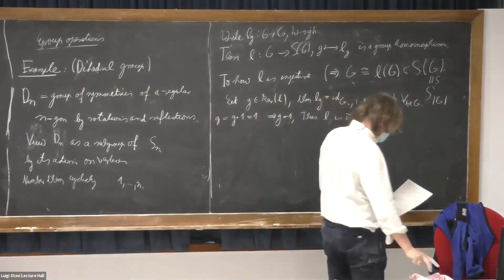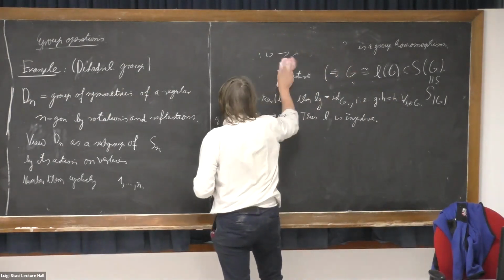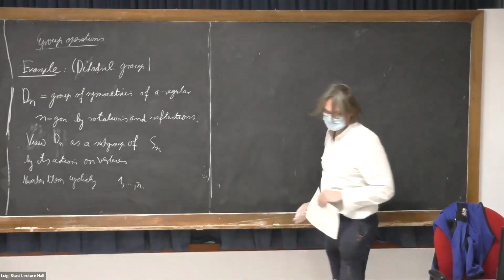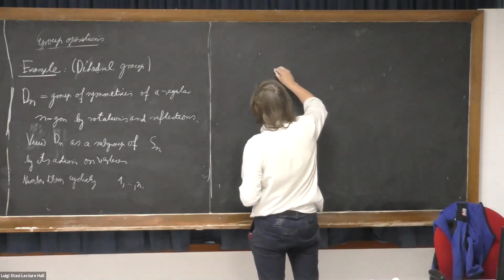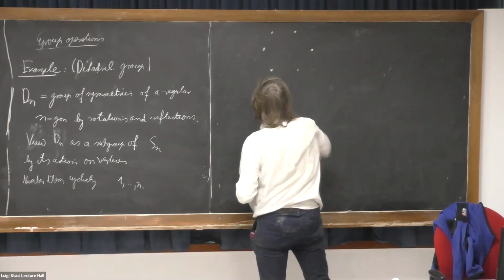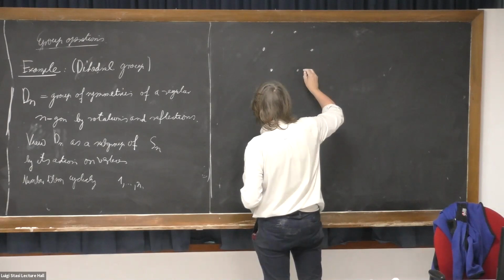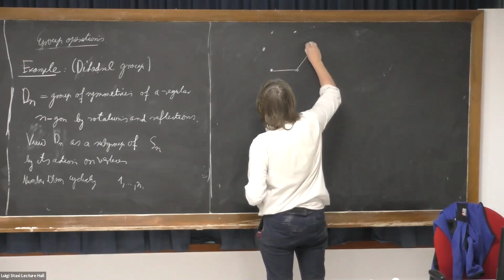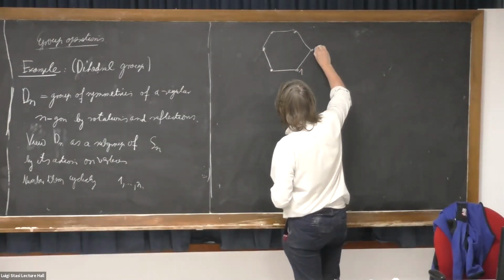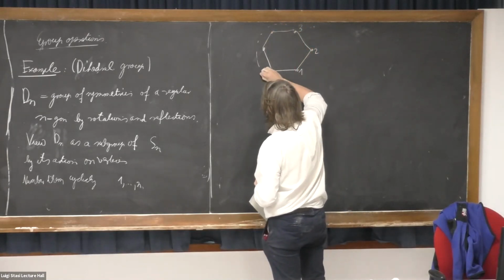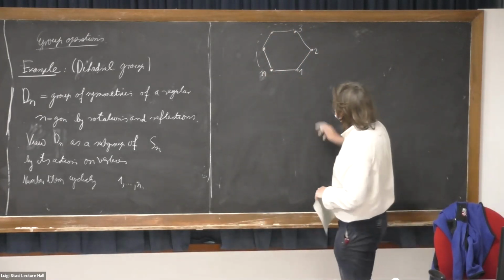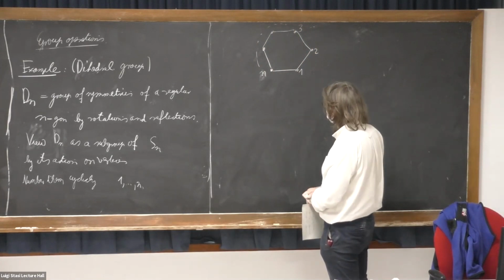So we have this regular n-gon, and then we have here 1, 2, 3, and the last one is n.